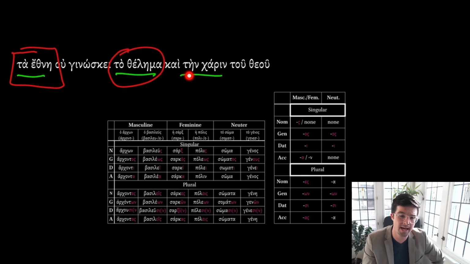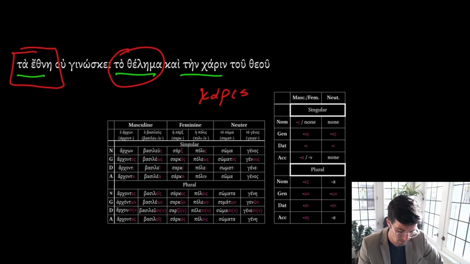So once again, with this definite article, we get our parsing information. We have an accusative feminine singular, and the word karin here is one we already saw, charis. Grace, with this alternate new ending here.